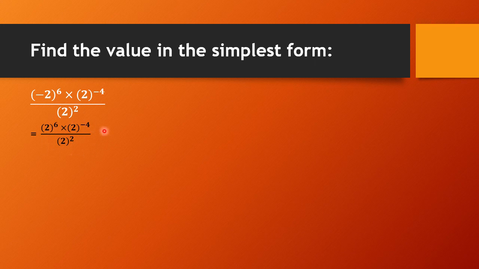In this fraction, we notice another negative power. So I will move it to be positive: instead of the numerator, it will be in the denominator, but with a positive power. It will be 2 power 6 over 2 power 2 times 2 power 4.